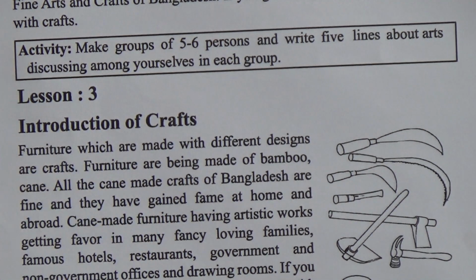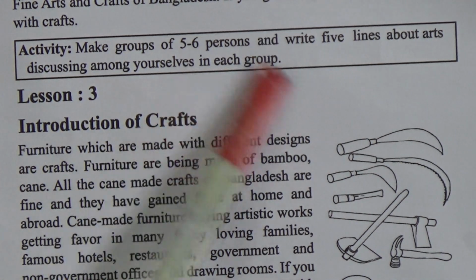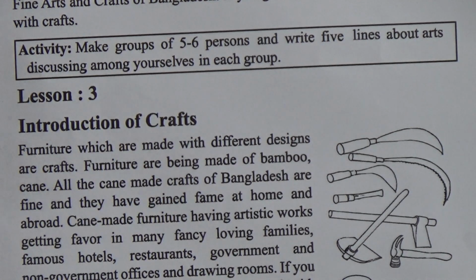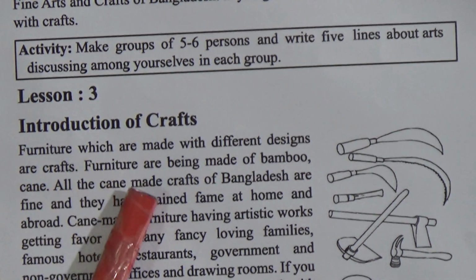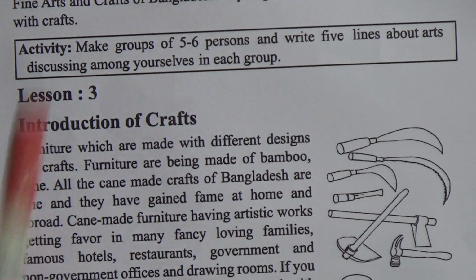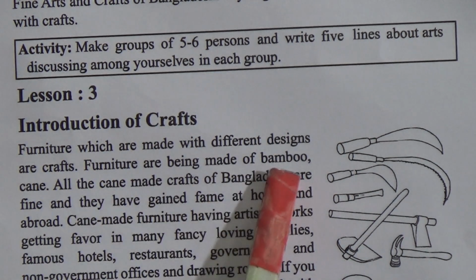Lesson 3, introduction of crafts. Now I will brief you about crafts. Look, arts and crafts are not the same thing. Art means something you just use for decoration, and crafts are things which are decorated but which you can also use. Furniture made with different designs are crafts. Furniture is made of bamboo and cane.